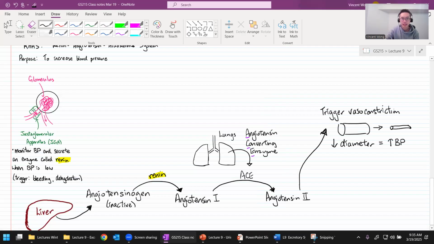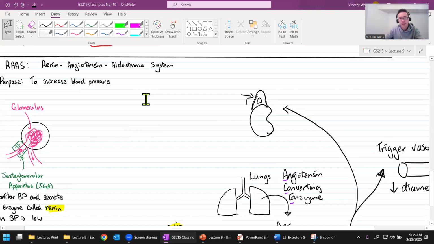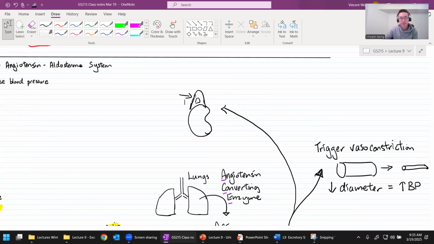So the second thing that angiotensin number two will do is it will travel to another structure. What's this thing on top of the kidney called? We learned it last class. That's right, this is the adrenal gland.